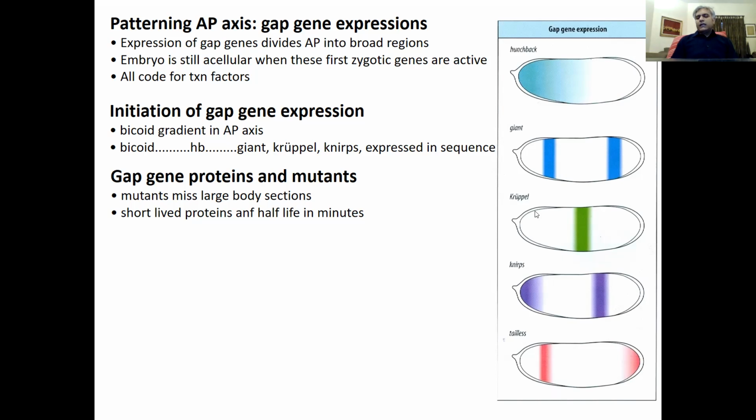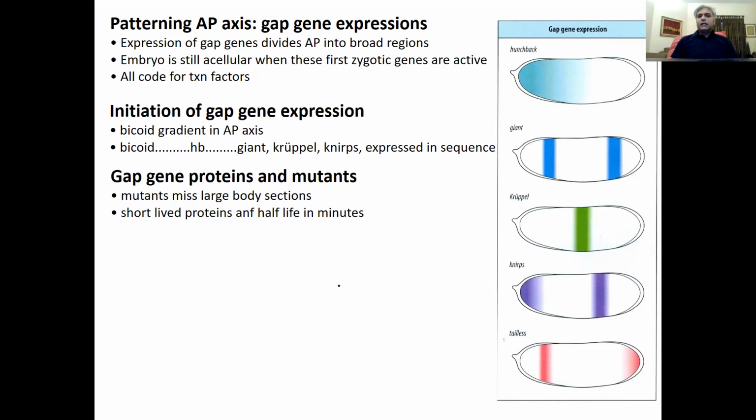And their expression is coinciding even when embryos are yet to be cellularized. And these are actually one of the first zygotic genes which become active. So maternal genes activate these genes. These are the first zygotic genes to be transcribed. And all the gap genes are also transcription factors.